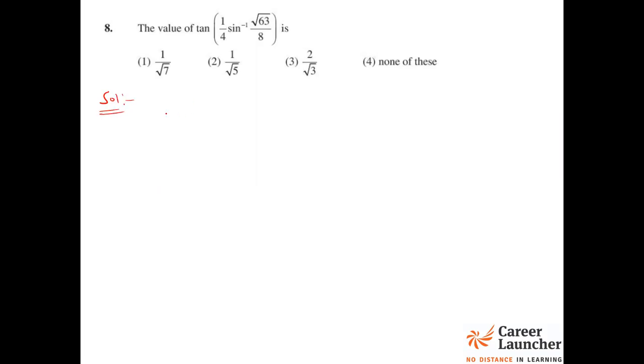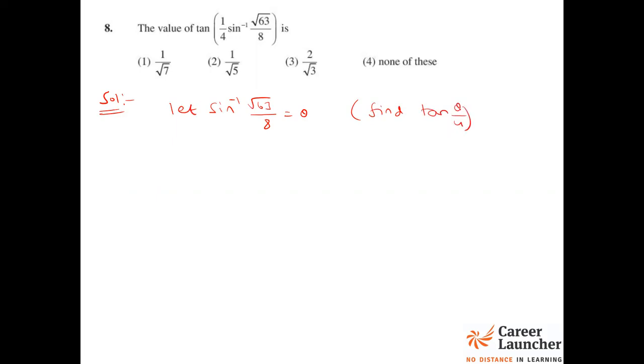The value of tan of 1 by 4 sin inverse. Let us consider sin inverse root 63 upon 8 is equal to theta. If you consider this is theta, what do you need to find? We need to find tan theta by 4.